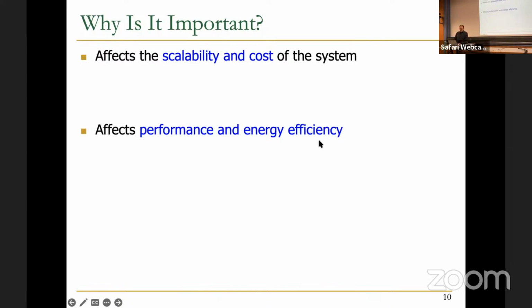It also affects performance and energy efficiency. What's the latency to access the network? Can your network sustain enough throughput or not? For example, you might have a network you can access with low latency, but it only works when there are not many requests at the same time. If you have a lot of requests, your network will saturate very soon, and then latencies will be quite high.